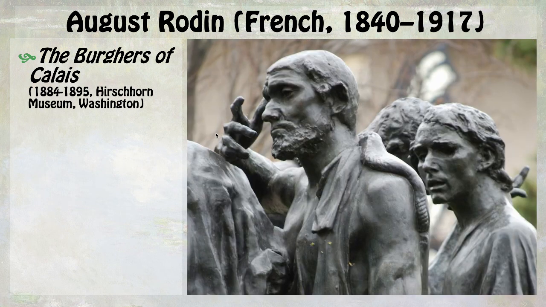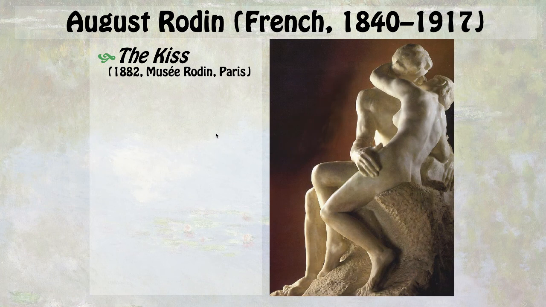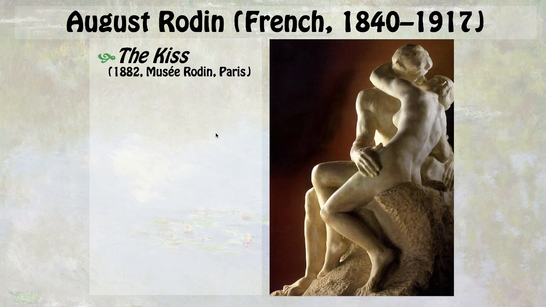But you can see in the close-up that there is a kind of softness to his depiction of features. And we especially see that in this, probably his most Impressionist work that I know of, this marble sculpture, The Kiss.